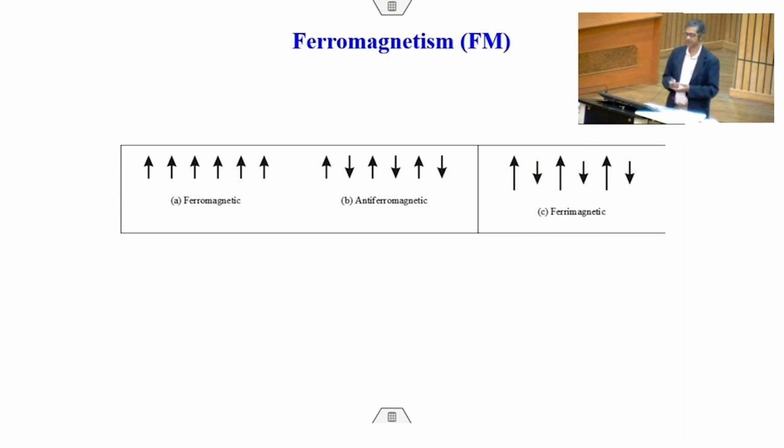So, we can see that the observed magnetic moment per atom in iron is about what? The observed magnetic moment per atom in iron is 2.2 Bohr magneton.